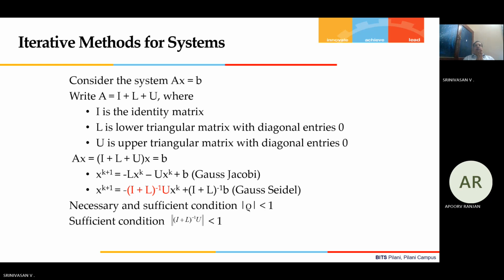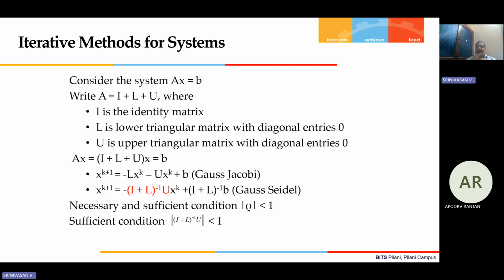Now, to get the condition for convergence, for Gauss-Seidel we have one, and for Gauss-Jacobi we have another condition. What is that? Consider the system Ax equal to B, system of linear equations.